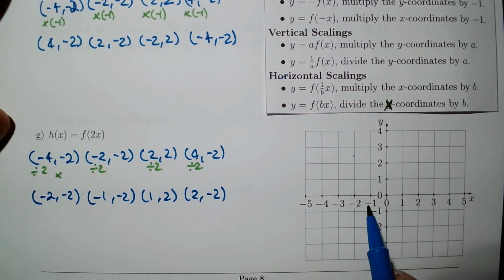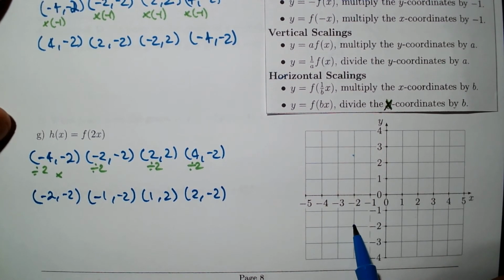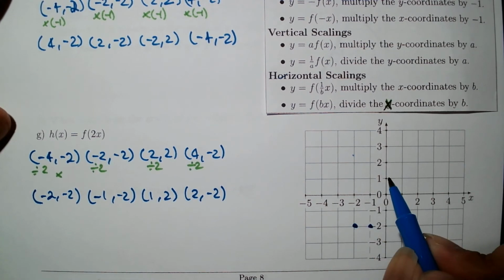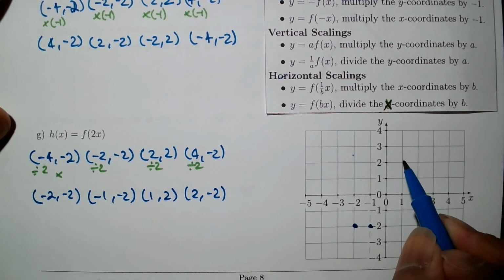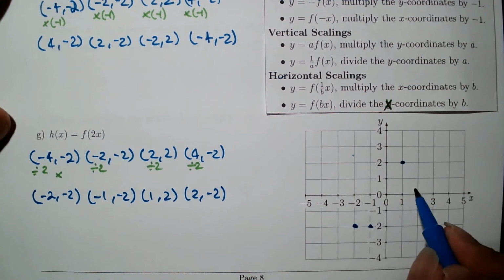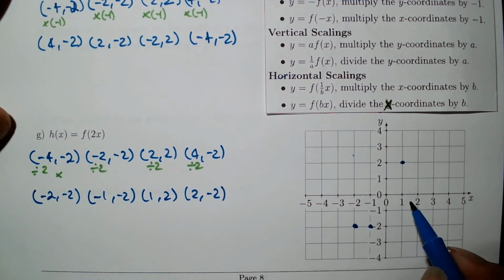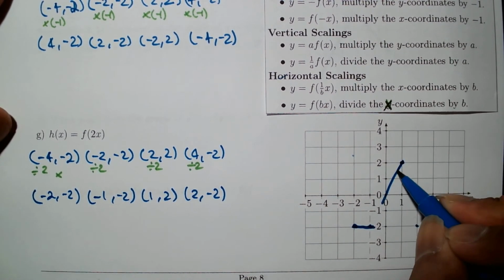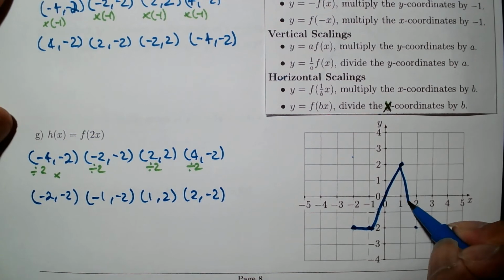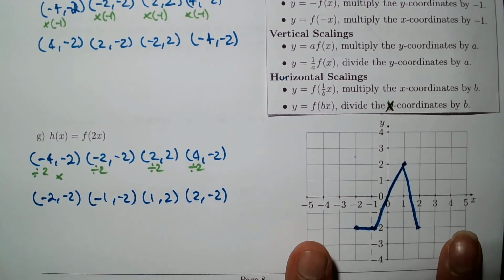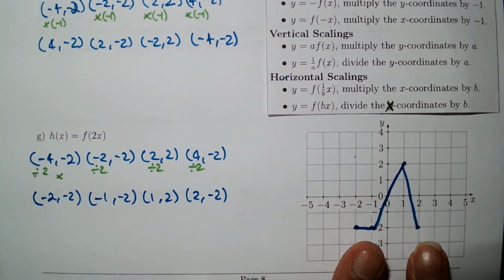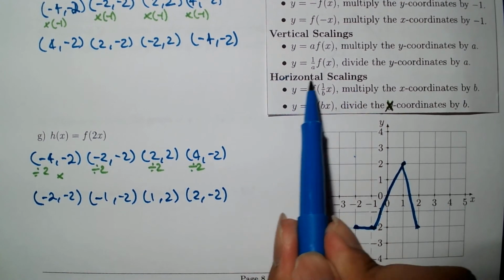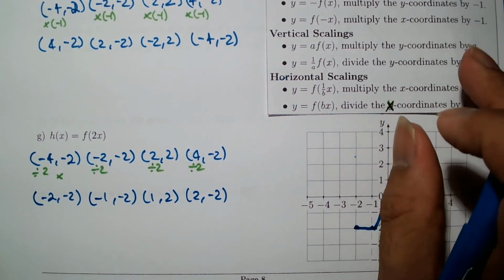So we're going to have (-2, -2), (-1, -2), (1, 2), and (2, -2). What happened here? Well, the graph shrank horizontally, so we had a horizontal scaling in here.